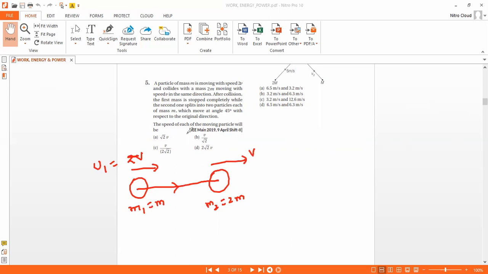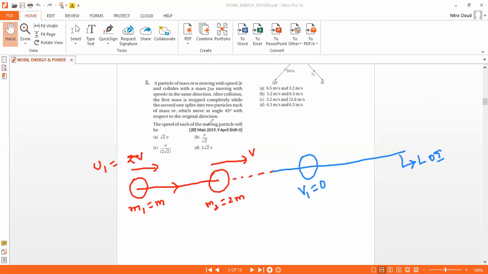In the same direction. After collision, the first mass is stopped completely, while the second mass splits. Let us consider this is the direction of the line of impact. The first particle comes to a stop, that is V1 equal to 0.